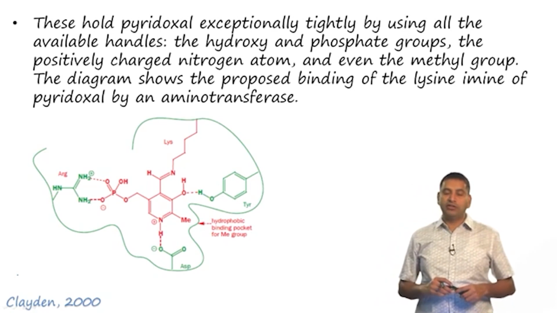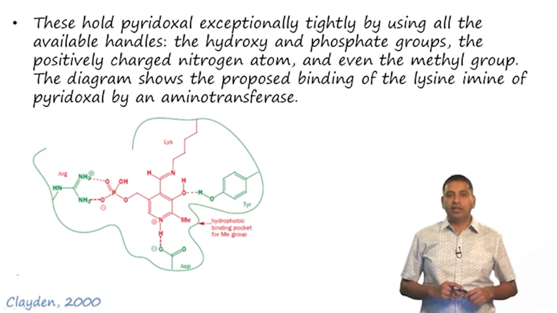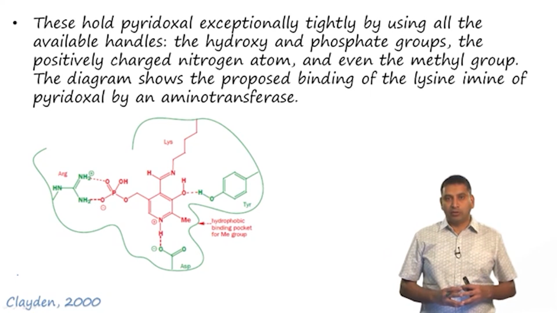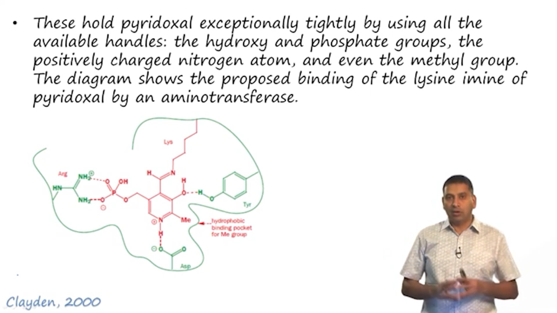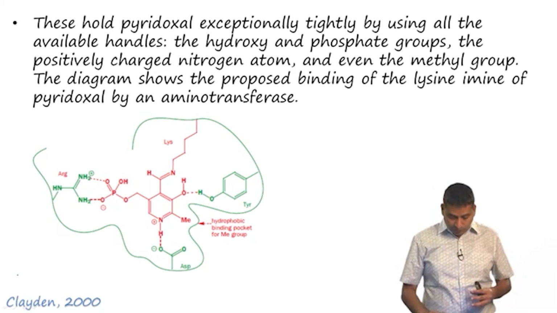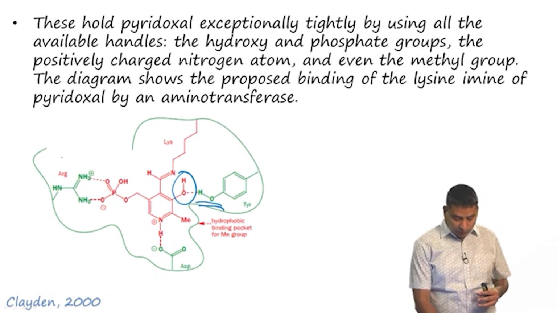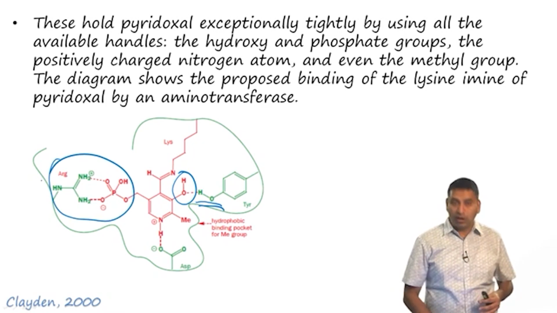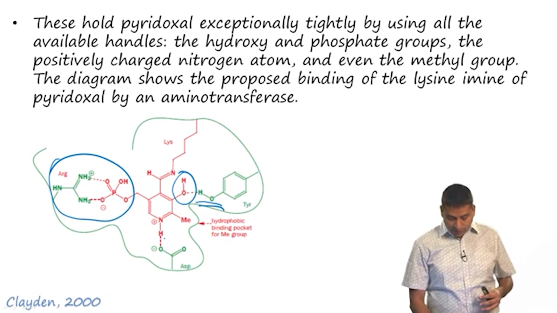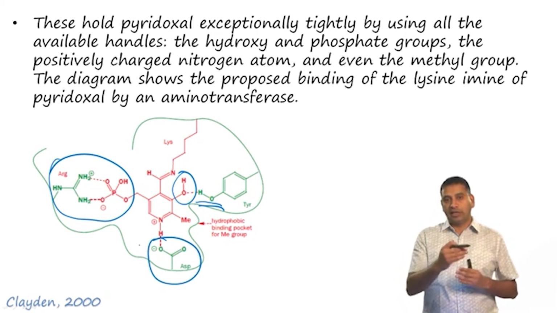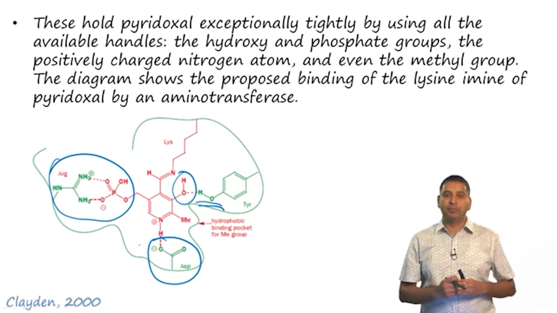In order to understand this, we shall look at how the enzyme is positioned, right. The enzyme or the protein is very tightly bound in all handles. For example, this OH here is bound to a tyrosine residue as shown here, and the phosphate is bound to arginine, and you have an aspartate interacting with the positively charged pyridinium, right.